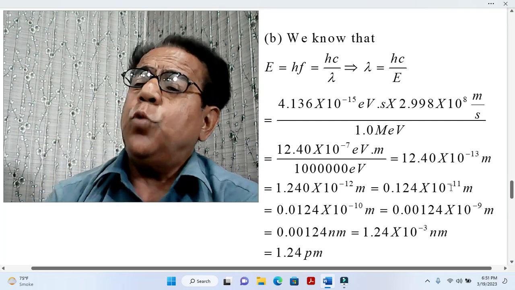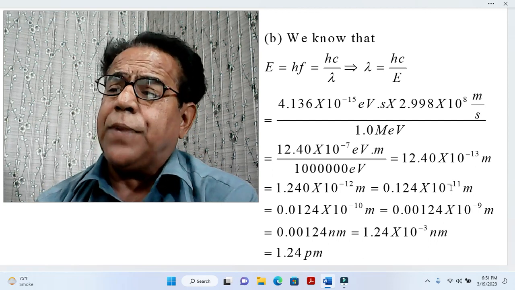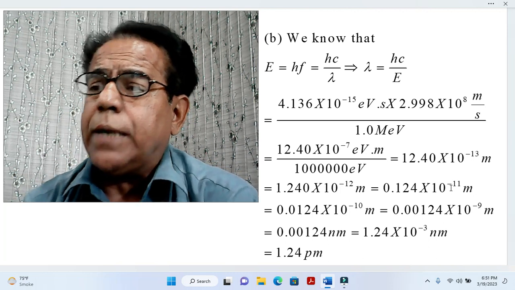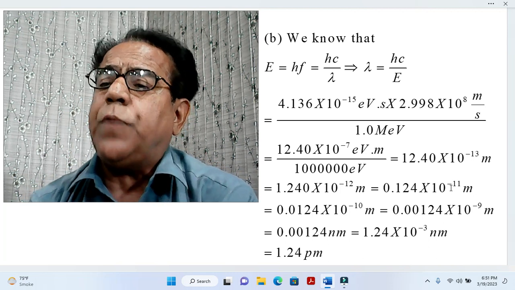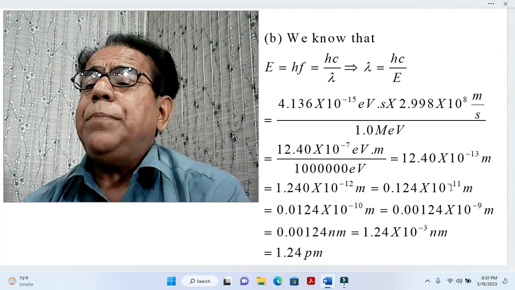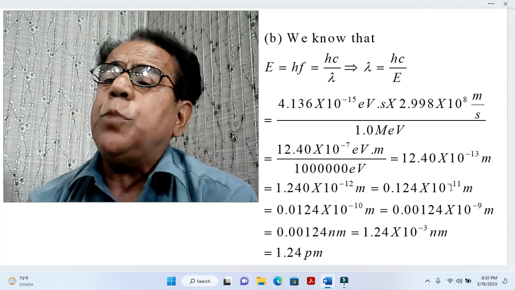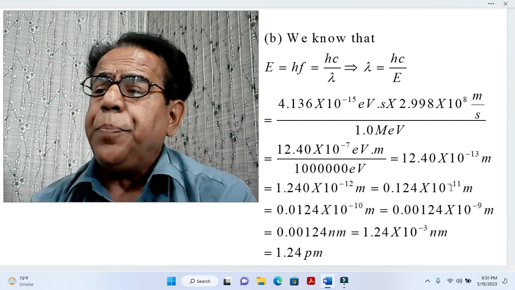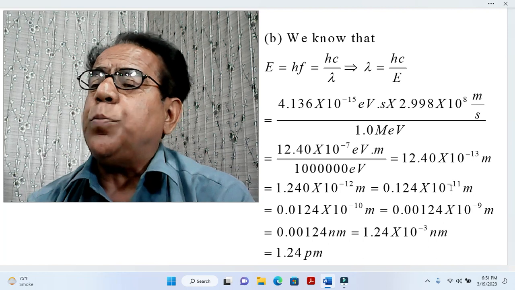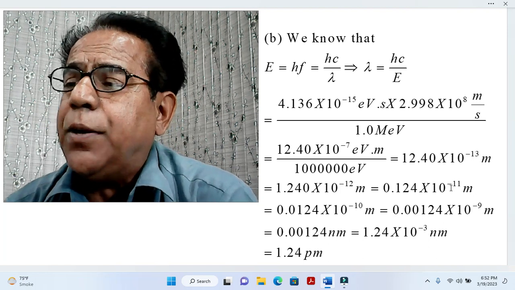Moreover, when the decimal is shifted again one step further behind, then 10 raised to the power minus 11 shifts to 10 raised to the power minus 10. Then 0.0124 into 10 raised to the power minus 10, and if the decimal is shifted one step more behind, it becomes 10 raised to the power minus 9. So this becomes equal to 0.00124 into 10 to the power minus 9 meter, and we know that 10 to the power minus 9 is nano.